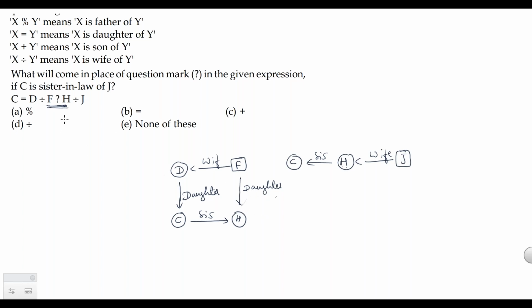H should become daughter, so F has to become father. F should be the father of H. So father, that is percentage. Is it clear?